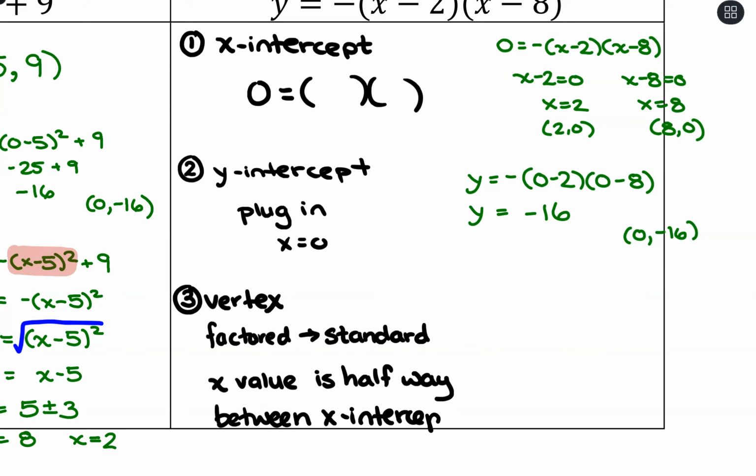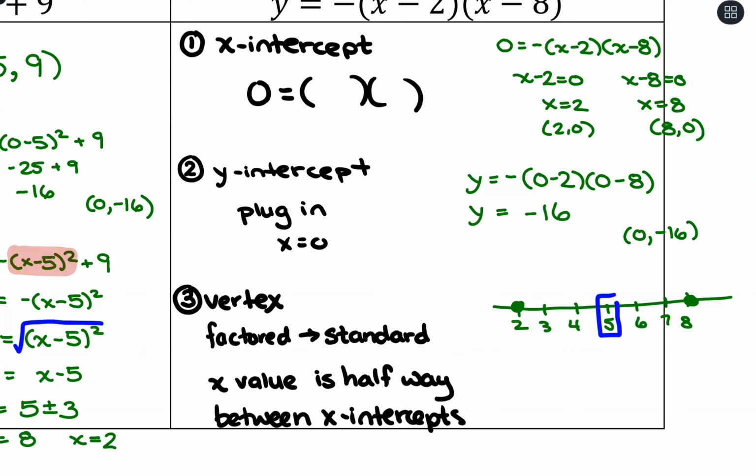So what I mean by that is we have x-intercepts at 2 and 8. Let me use green for our example here. So 2, 3, 4, 5, 6, 7, 8. So if we're crossing the x-axis at those spots, halfway in between is going to be the x-coordinate of our vertex because of that axis of symmetry.